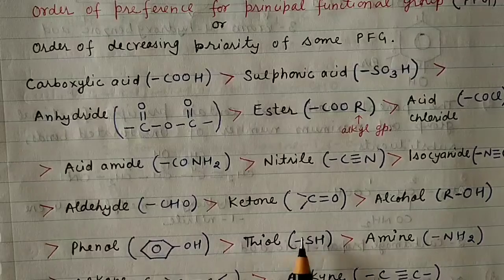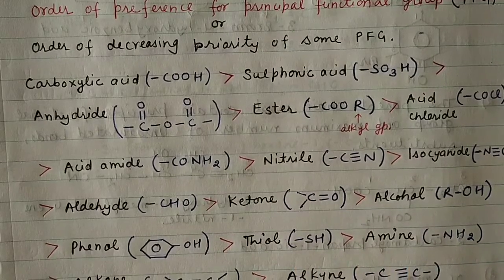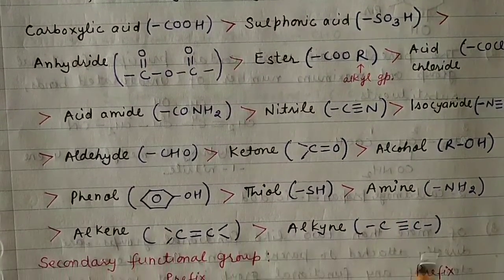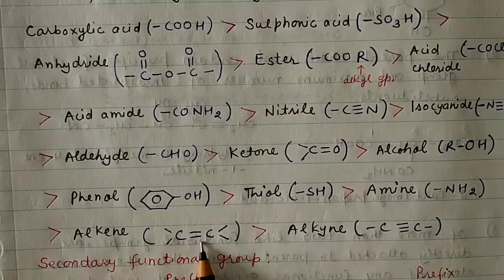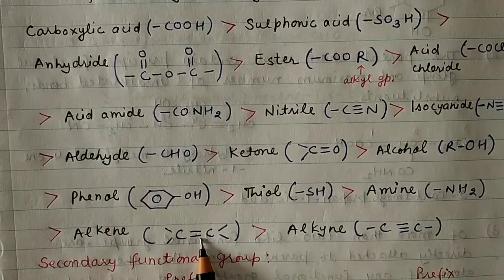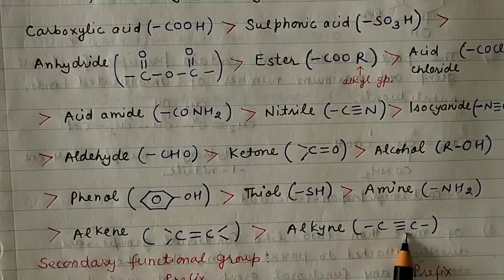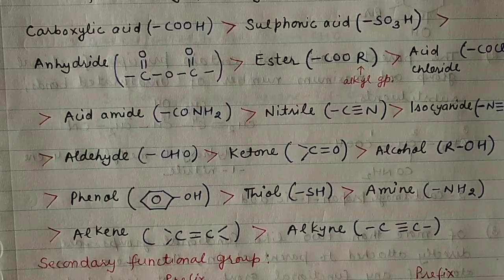Thereafter phenols, thiols, amines. Another thing to keep in mind is that the double bond must be given priority in comparison to the triple bond. So these are the preferential orders for the principal functional group.